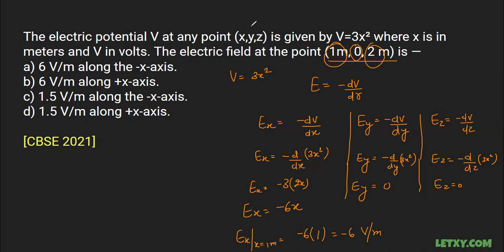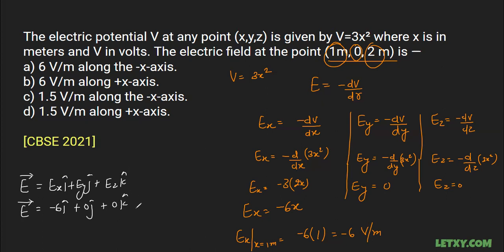Now let me show you how to write the total electric field. Because electric field is a vector quantity, we write it in vector form. E vector equals Ex i cap plus Ey j cap plus Ez k cap, right? So E vector is coming out to be -6 i cap plus 0 j cap plus 0 k cap.